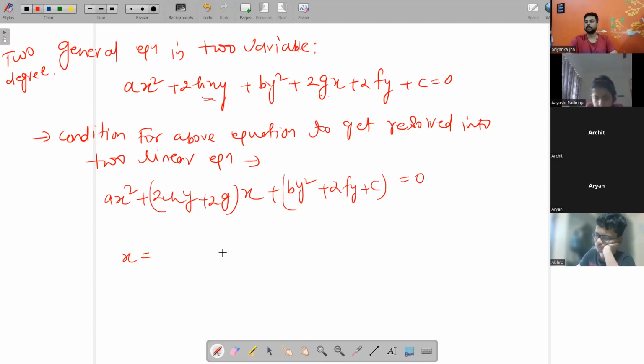Now we'll find the root like we do. x equal to minus b plus minus under root b square minus 4ac upon 2a. So minus b, that is minus (2hy plus 2g), plus minus under root b square.